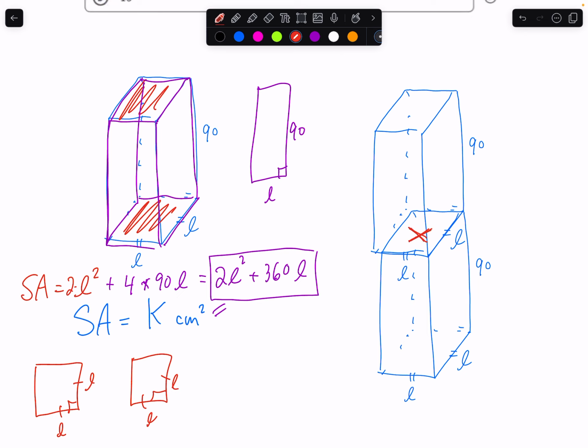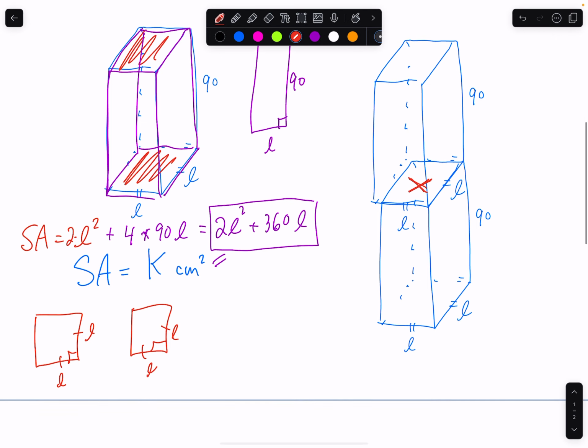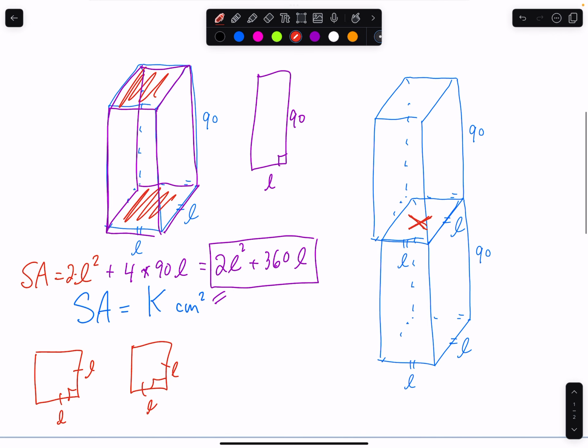It's not part of the surface, so it's not part of the surface area. So we're actually losing one of the L squareds from each of the shapes. We're throwing that out because it's no longer part of the exterior.